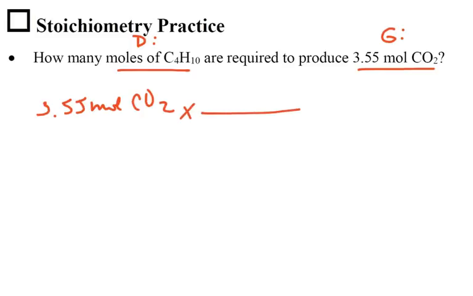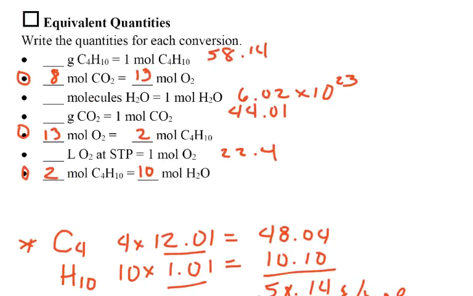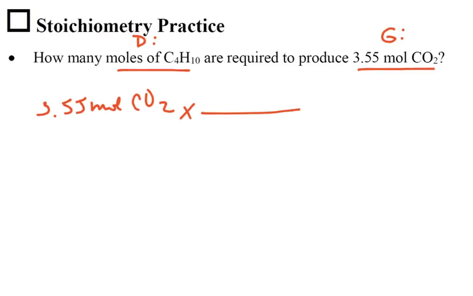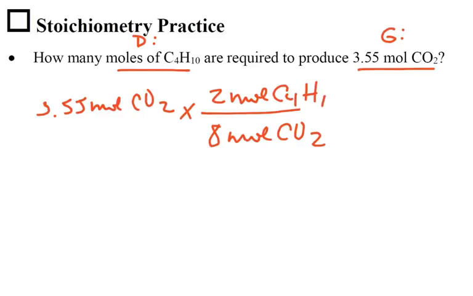And if we remember from our balanced equation, for every 8 moles, let's go back and look. For every 8 moles of CO2, 8 to 2 ratio. So for every 8 moles of CO2, we had to use 2 moles of C4H10.